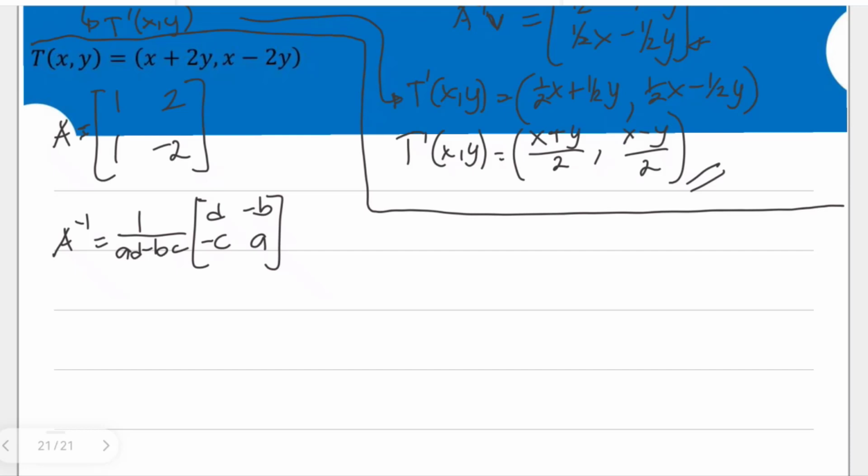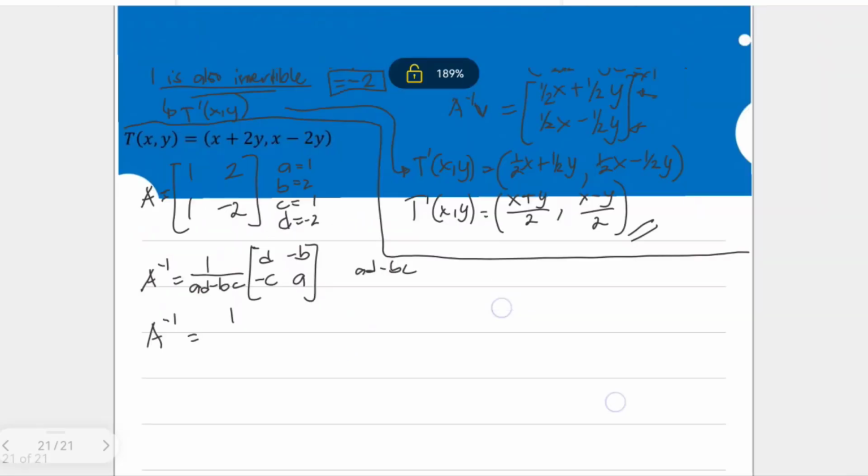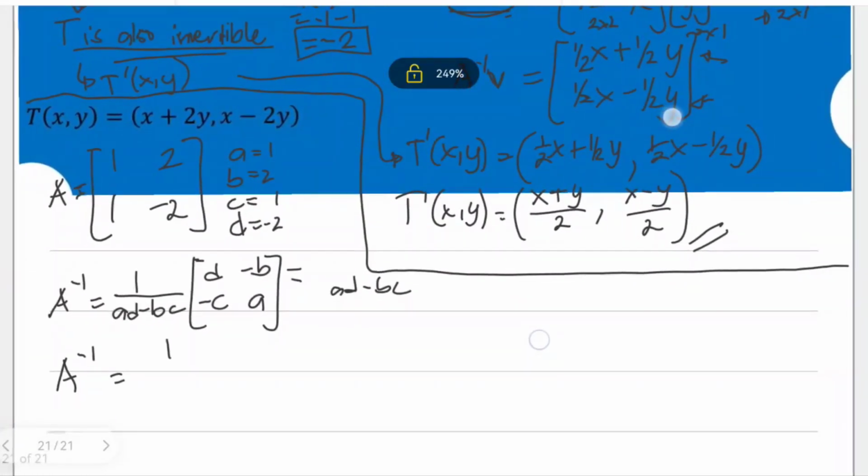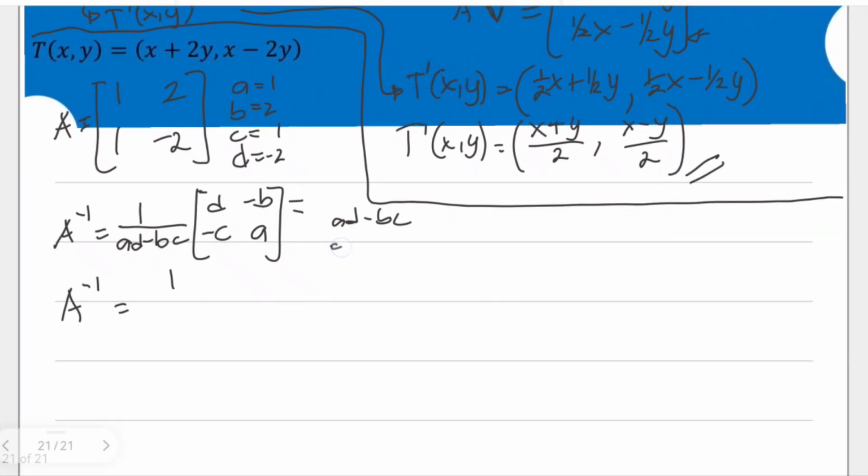So our A here is 1, B is 2, C is 1, D is negative 2. Let's solve first AD minus BC to see if this is really invertible: 1 times negative 2 minus 2 times 1, which is negative 2 minus 2, negative 4.